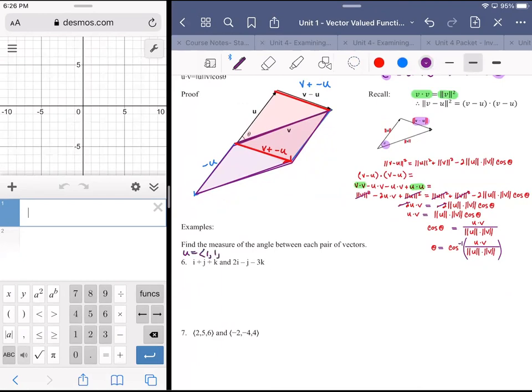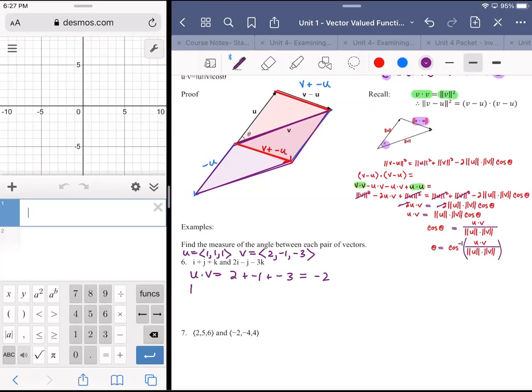This is 1, 1, 1. And this is 2, -1, -3. u dot v would be equal to 2 plus -1 plus -3. So 2 minus 1 is 1, so -2 would be the dot product, unless I screwed that up, entirely possible, of course.